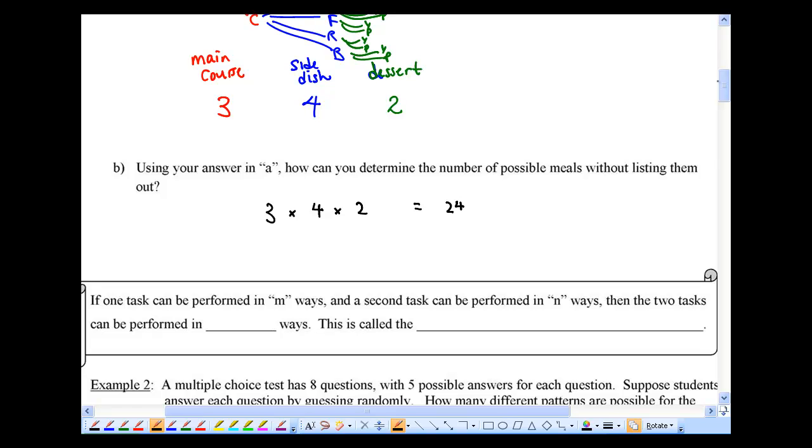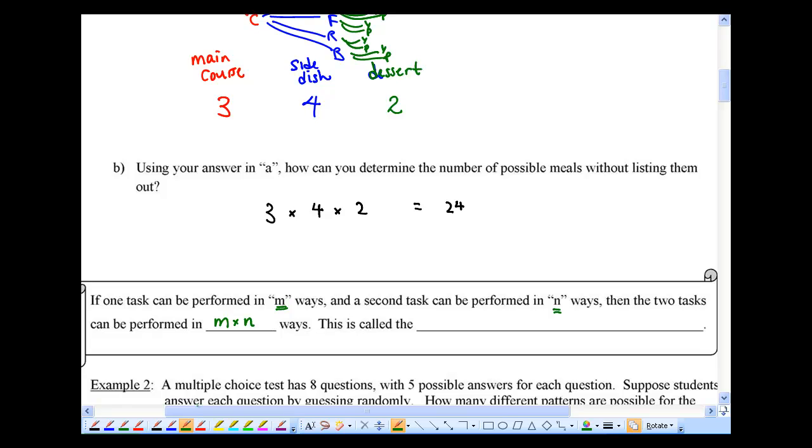The next task is to fill in this little scroll. It says if one task can be performed in m ways, so that's the number of ways, for example the main course could be performed in 3 ways, and a second task can be performed in n ways, so the side dish can be performed in 4 ways, then the 2 tasks together can be performed in m multiplied by n number of ways.